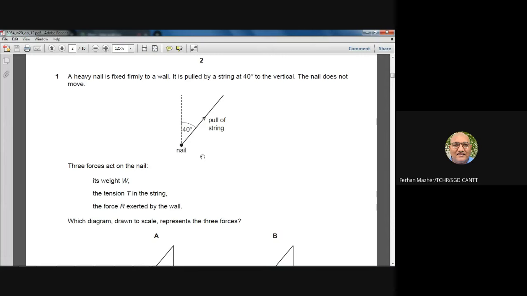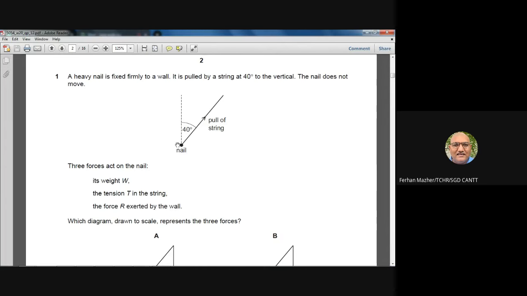The tension in the string acts in this direction. The weight of the nail acts downward, and the third force is the force exerted by the wall. The resultant of these three forces should be zero.